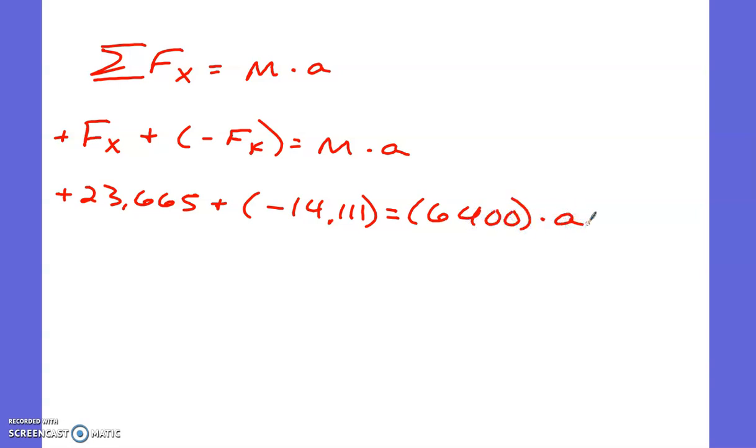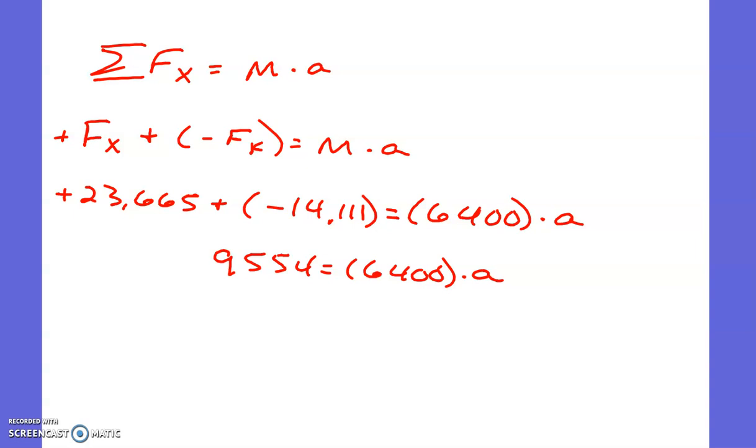And then we're going to solve for a. So first step here, we're going to subtract 23,665 minus 14,111, and we get 9,554 is equal to 6,400 times a.